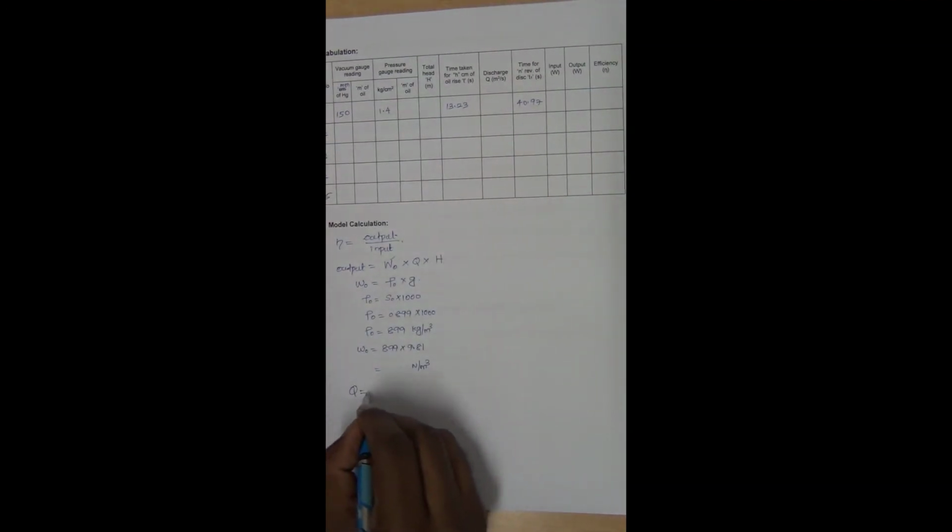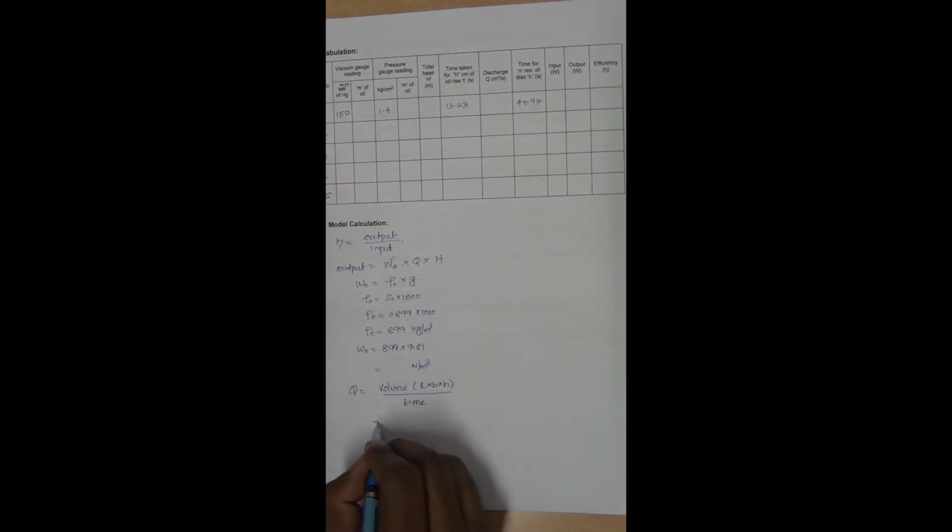Now we go to the second parameter, discharge. Discharge is equal to volume, which is length into breadth into height, divided by time. The length of the tank, as we discussed in the observation, is 0.3, breadth is 0.3 and height is 0.1, divided by time. Which time do we have to take?